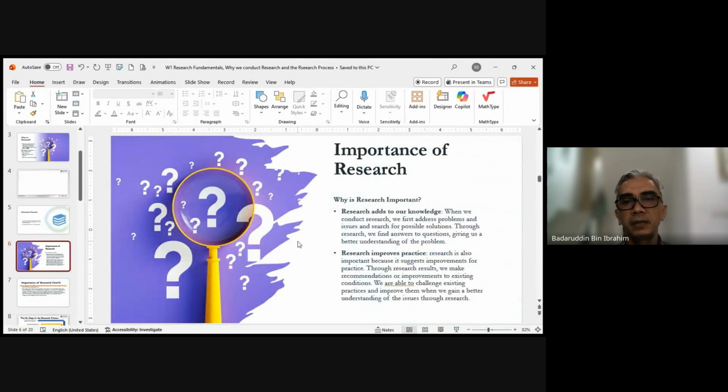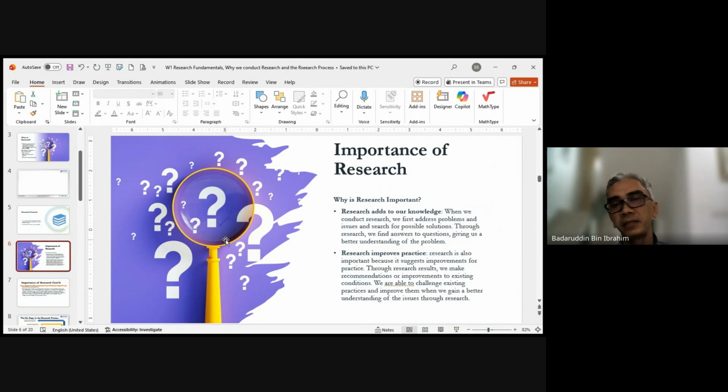All right. So as I mentioned earlier, why do we conduct research and why is research important? Some might say that research adds to our knowledge. When we conduct research, we first address problems and issues and search for possible solutions. Through research, we find answers to questions, giving us a better understanding of the problems.